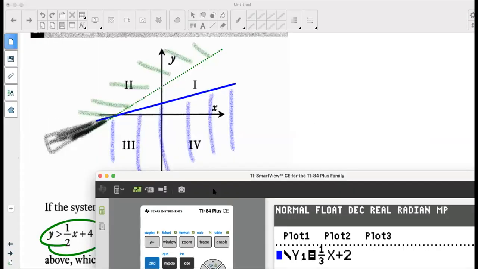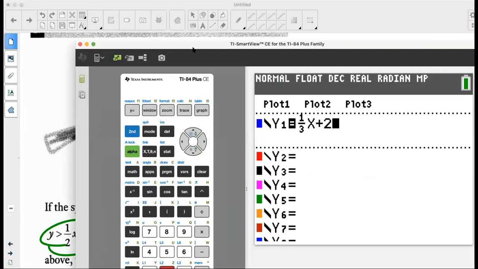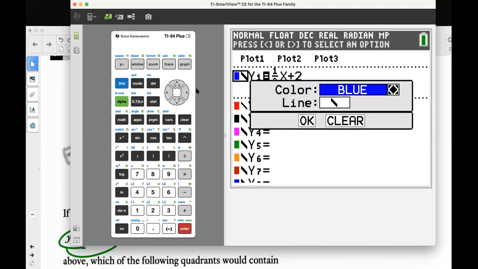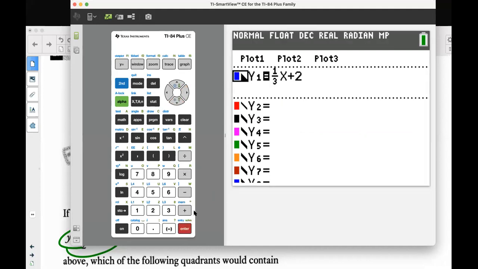But y is less than the expression, so y has to be less. How do you do that? I need you to go all the way to here. Press enter on the line, and since y is less, that means we shade below, the lower triangle, right? And press OK. So we have done that.